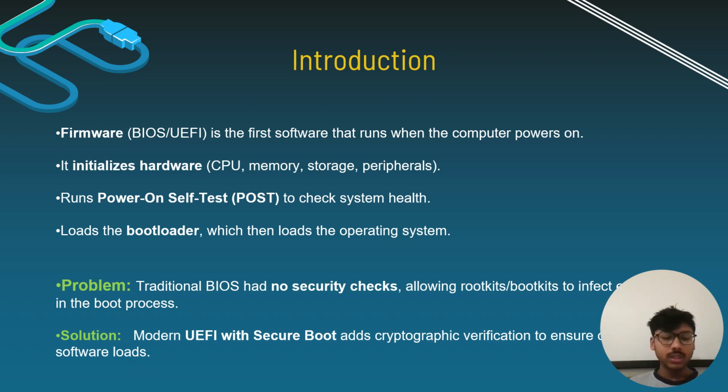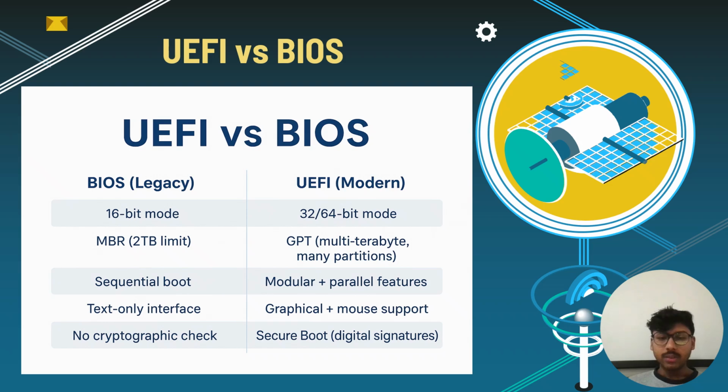So the solution is that modern systems use UEFI with something called Secure Boot, which only allows trusted software to load. Then I will show some differences between UEFI and BIOS.